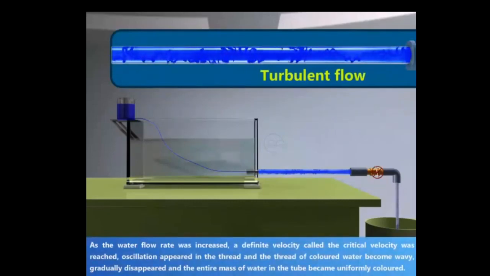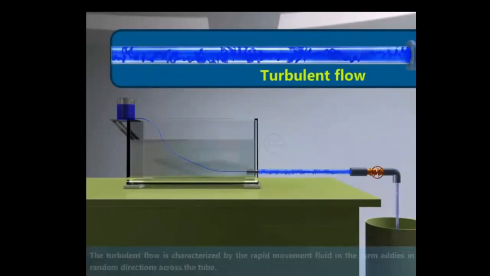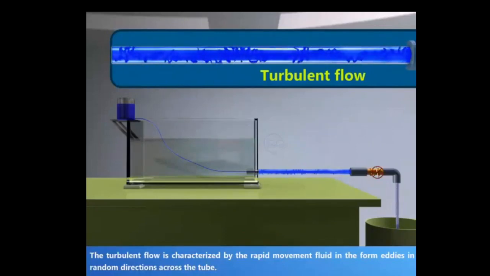As the velocity of flow increases, the colored water gets mixed, and this is called turbulent flow. Turbulent flow is characterized by the rapid movement of fluid in the form of eddies in random directions in the tube.